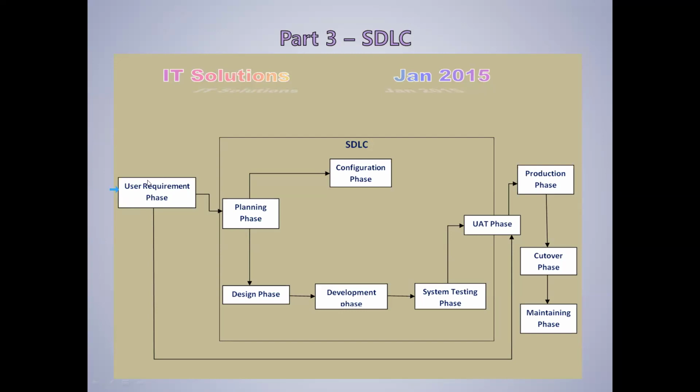The user sits here with the user requirement specification and has meetings with the BA. BA stands for business analyst, or project manager, usually both. The project manager deals with project-related stuff, budgeting and timeline, and the business analyst is responsible for gathering the requirement, understanding the requirement, and accepting the requirement from the user.